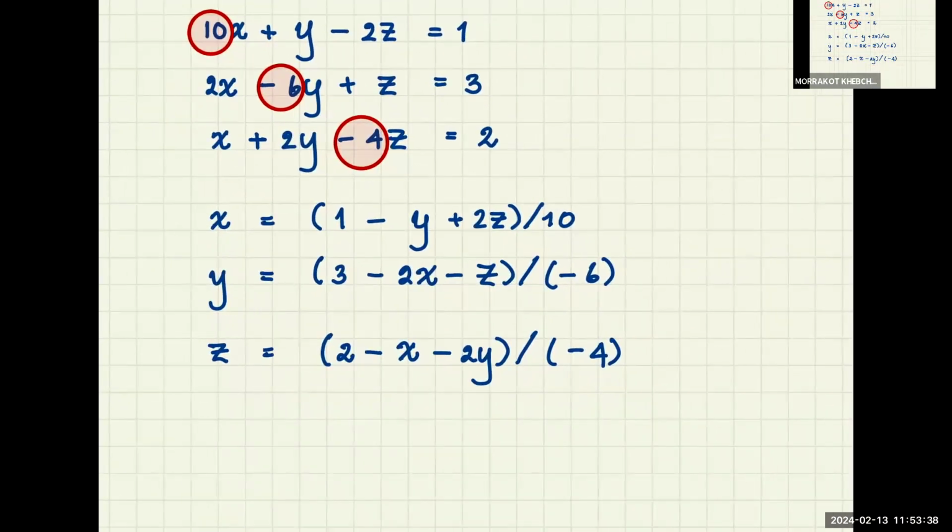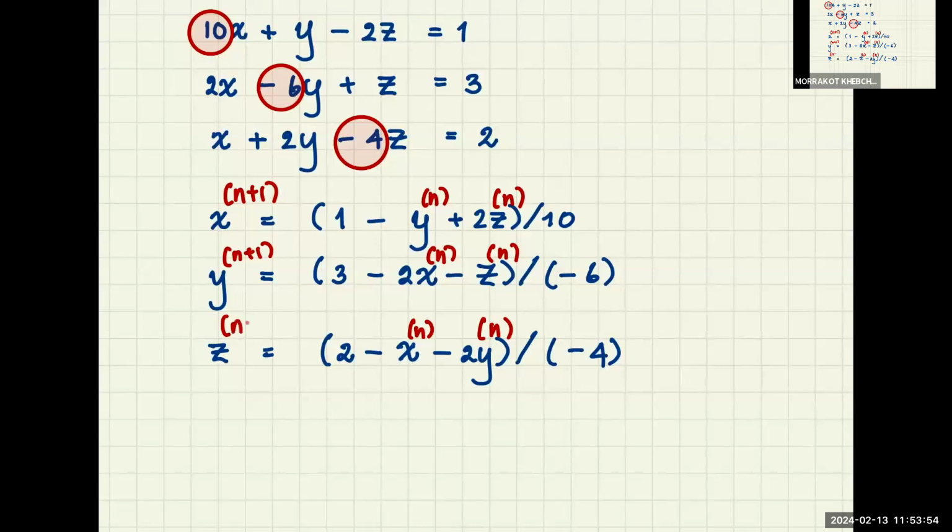For the Jacobi method, you will say, okay, I make a guess, put it on the right-hand side, every term, I plug in the guessed values, I will get the new one. Okay, very simple.